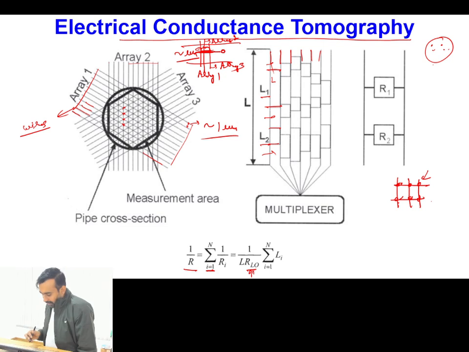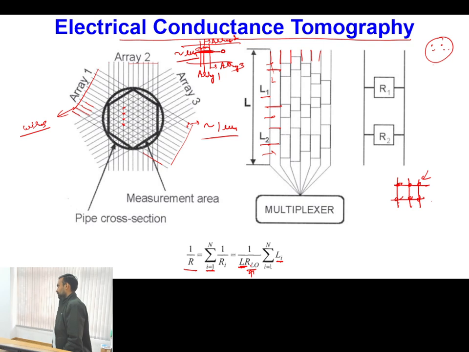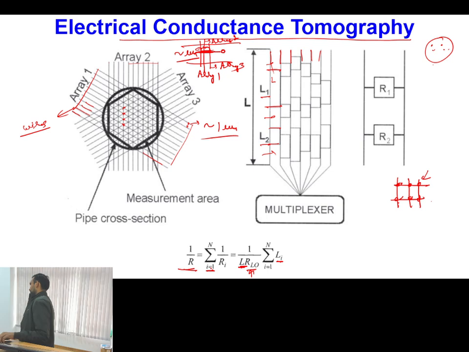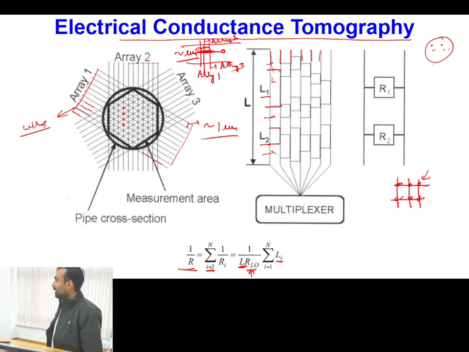And this is then taken in terms of fraction of the length, Li divided by the overall length. Likewise, in between each and every wire, you will be getting different values of resistances. Based on this resistance data, we can then utilize it for the reconstruction of the interface, and finally we can define the shape of the bubbles which we will be having here.